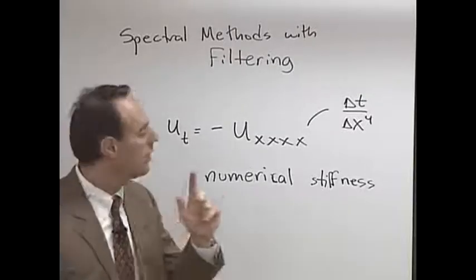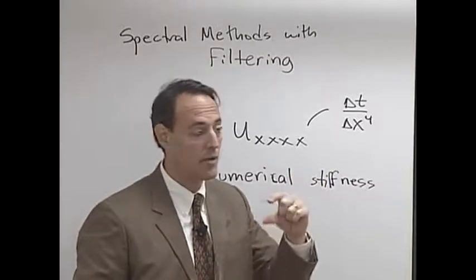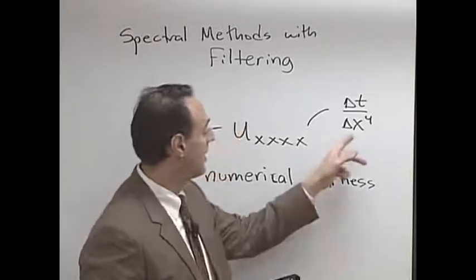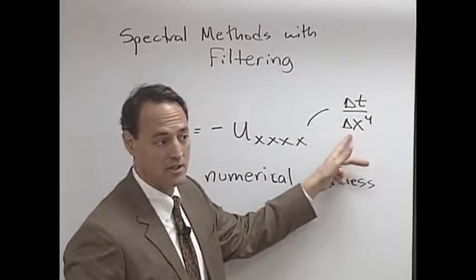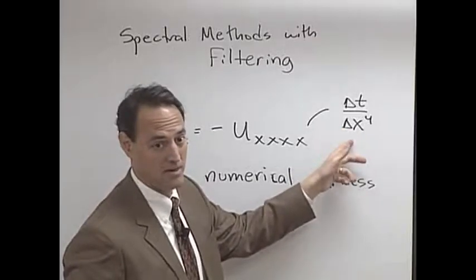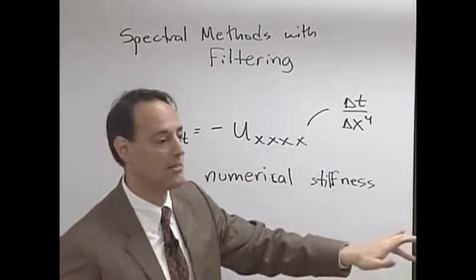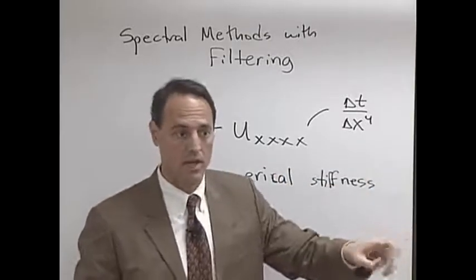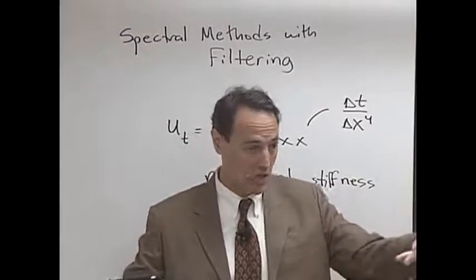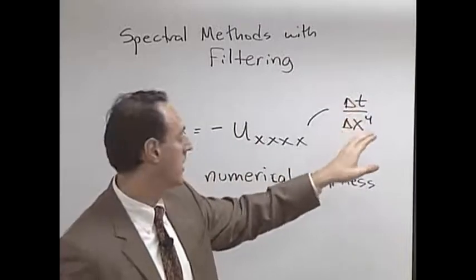Because what it's really saying is if I want a little bit better accuracy and keep my CFL condition constant, then if I take delta x in half, I get a factor of 16 on the bottom. So I have to take 16 times smaller time steps. And remember, I doubled the number of points, so it takes me twice as long. So I have 32 times slower code.